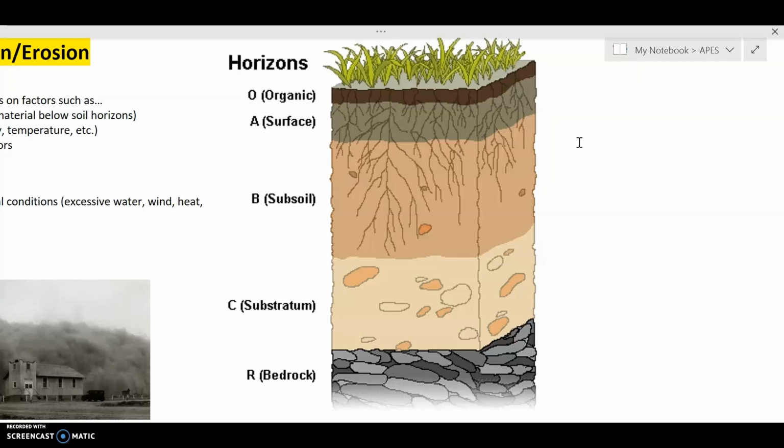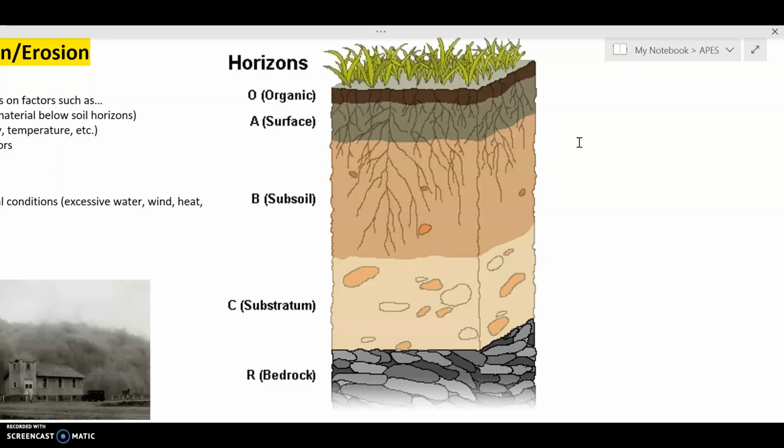Right below the organic horizon, we have the A horizon. It's called the surface layer. Below that, we have the B horizon, which is the subsoil layer. Below that, we have the C horizon, which is the substratum. And at the very bottom, we have the R horizon, which is bedrock.